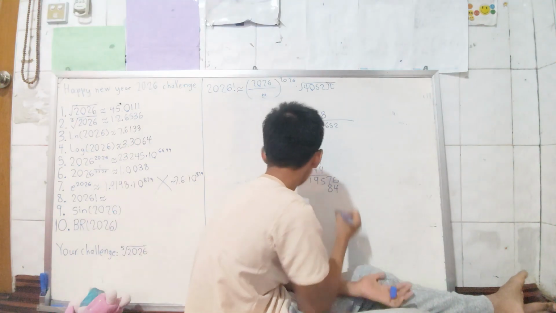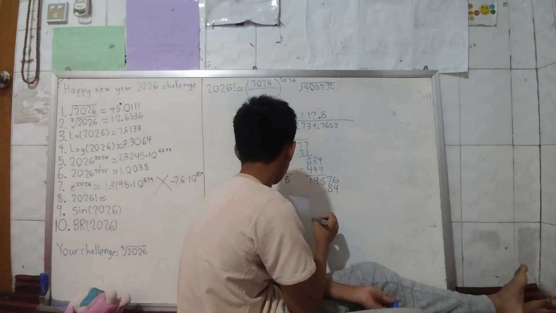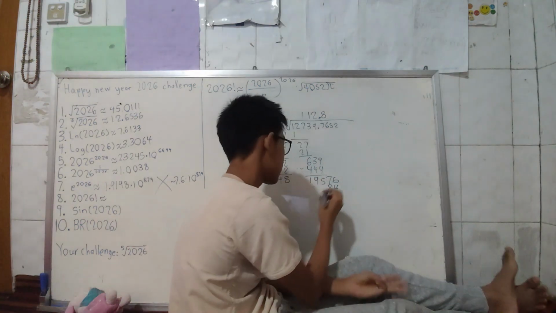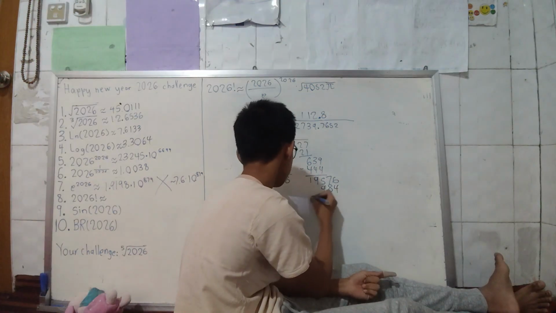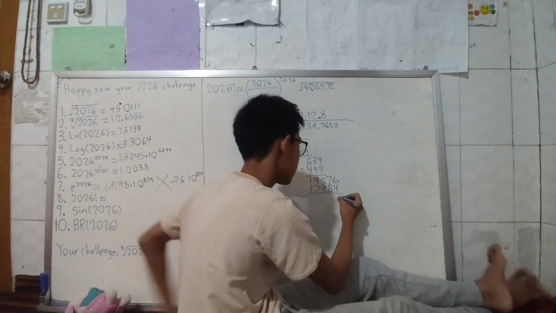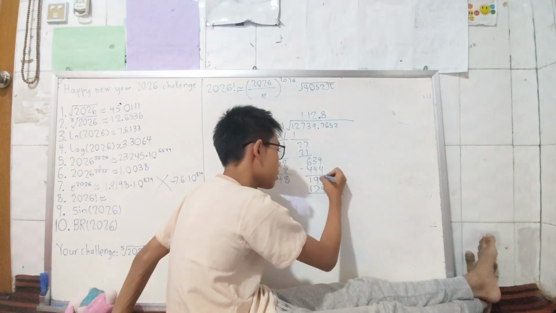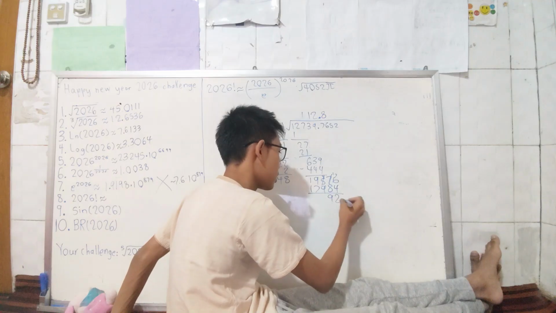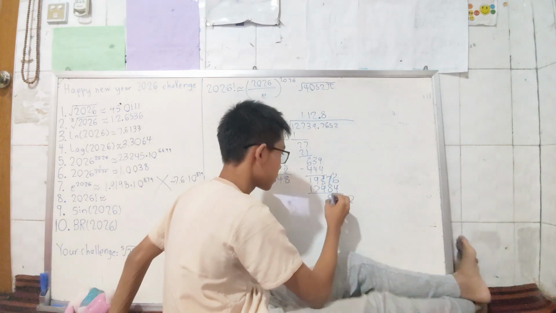That's gonna be 38. 8 times 2 is 16. That's gonna be 19. 8 times 2 is 16. That's gonna be 17. 2, 4, 17. 9, 0, 0.